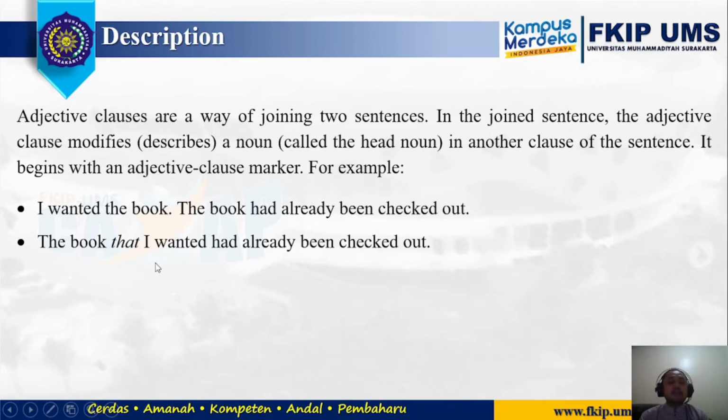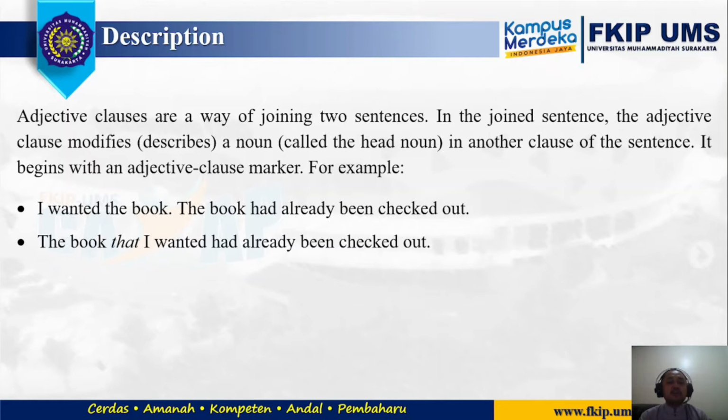So it means that the book that I wanted, it means that I wanted the book. So "that I wanted" here is an adjective clause, explaining or modifying the noun the book here.